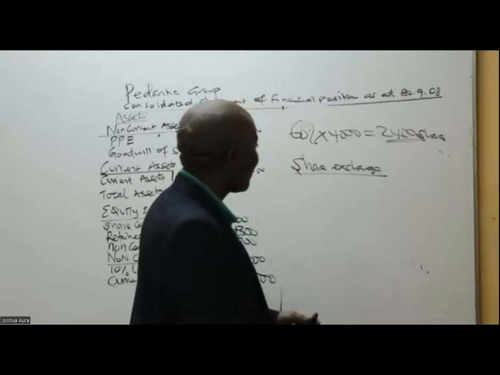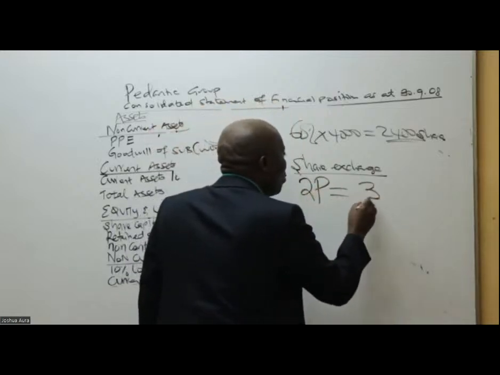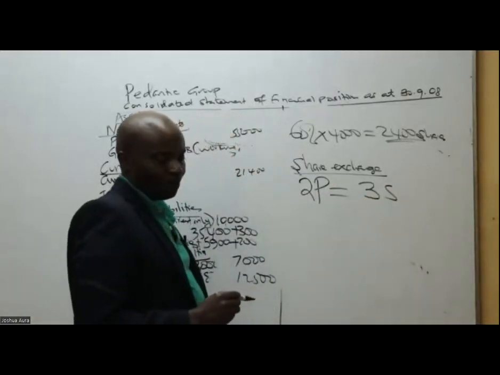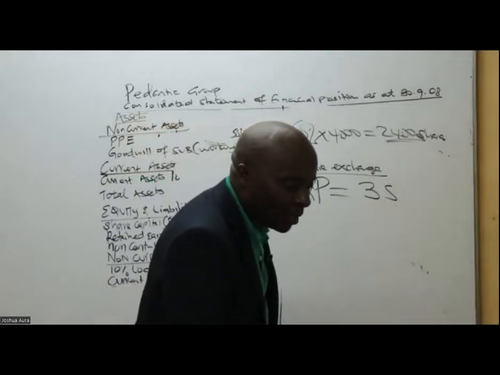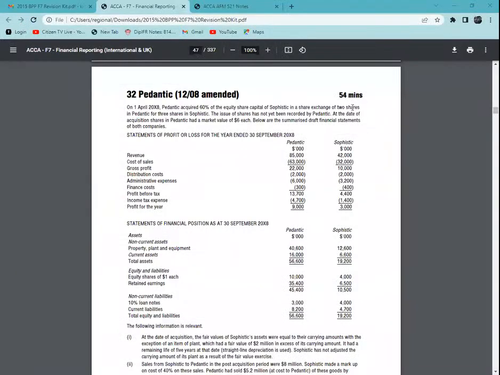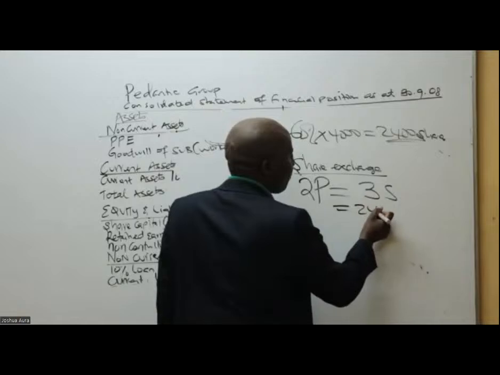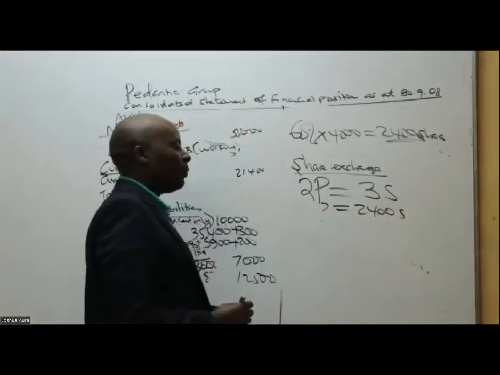So 2 shares of Pedantic equal 3 shares of Sophistic. And we are aware that we bought 2,400 shares of Sophistic. Then 2,400 shares of Sophistic will be equivalent to how many shares of the parent company?